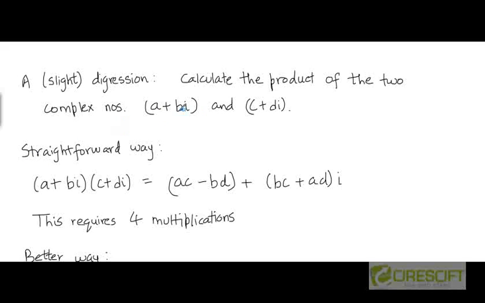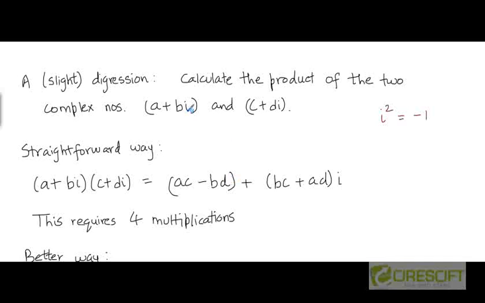A straightforward way of multiplying these two complex numbers would be to multiply them term by term. So a multiplied by c would be ac, bi multiplied by di would be minus bd, because i squared is minus 1. So this is the real part of the product.